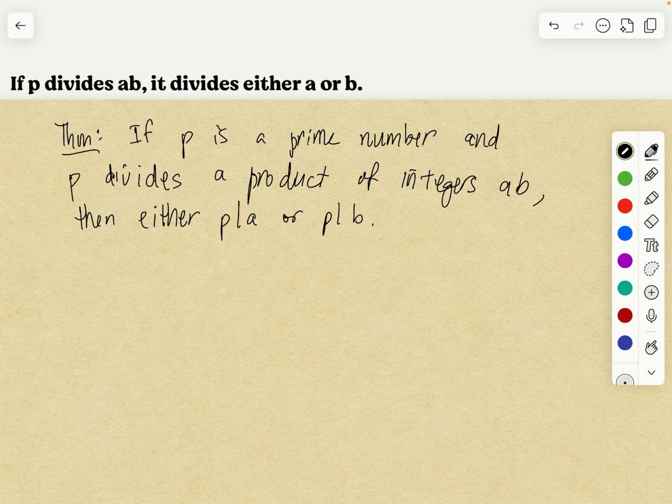So, for instance, if you have 5 and it's a factor of a times b, then either a or b is a multiple of 5.